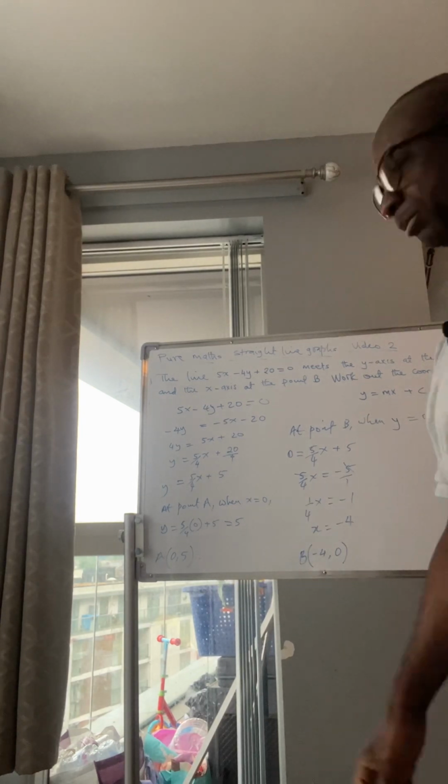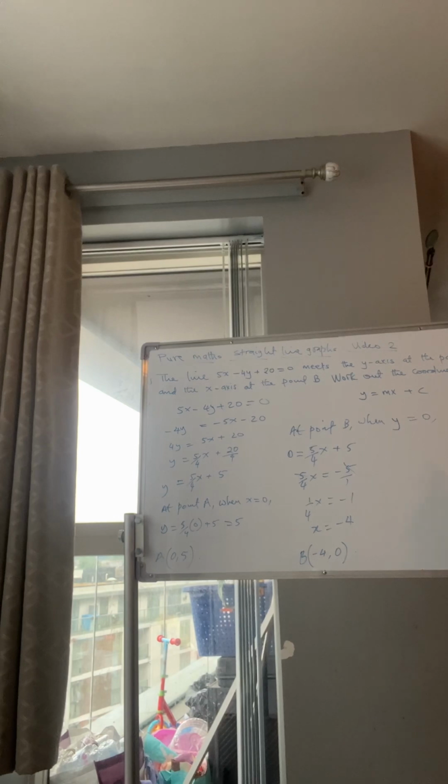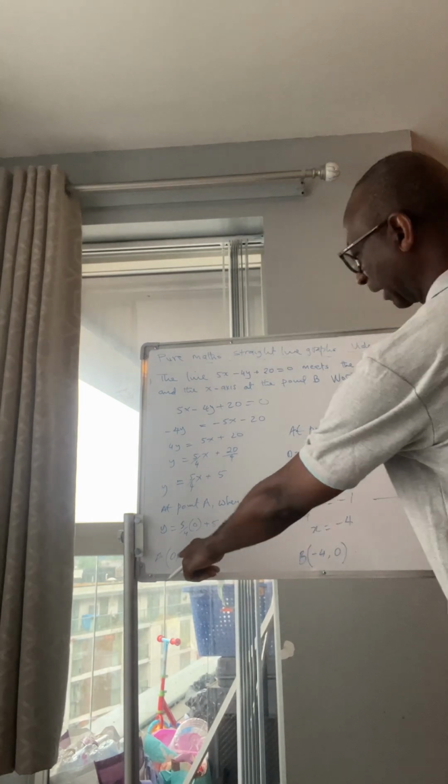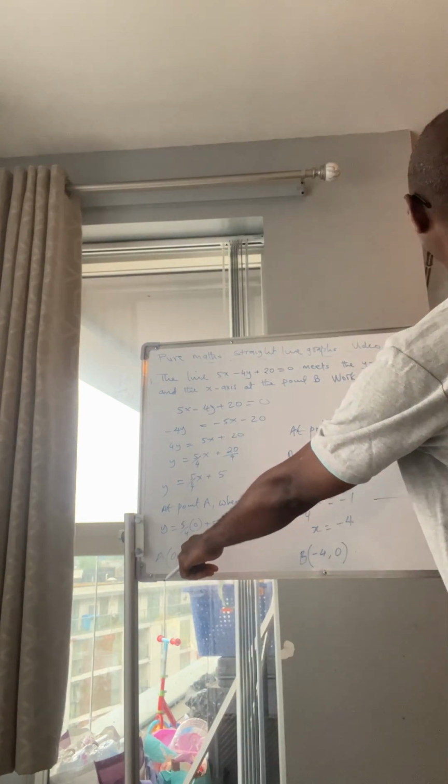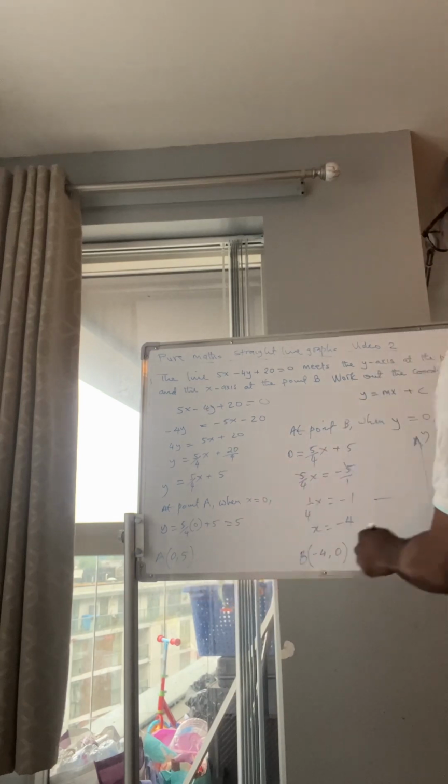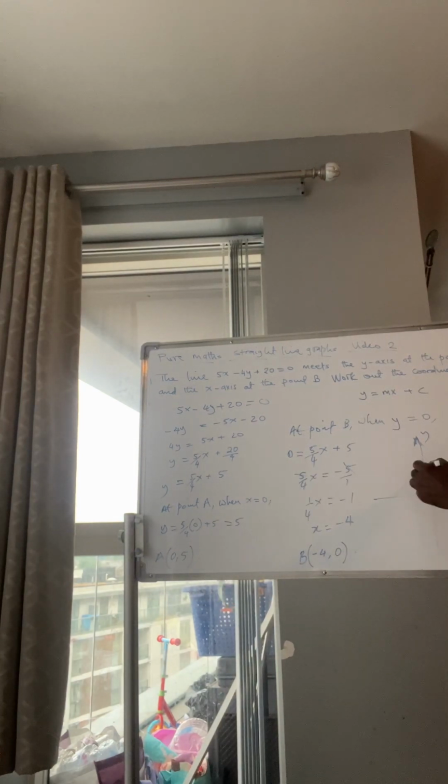With these, you can plot the graph if you want to be sure. If you have a graph like this, this is your y. They don't ask you to do that. You're just doing it for visualization purposes. So we now know at A, x is 0, y is 5. So this is 0, 5.